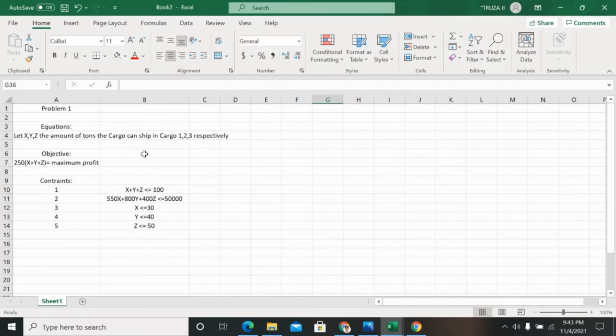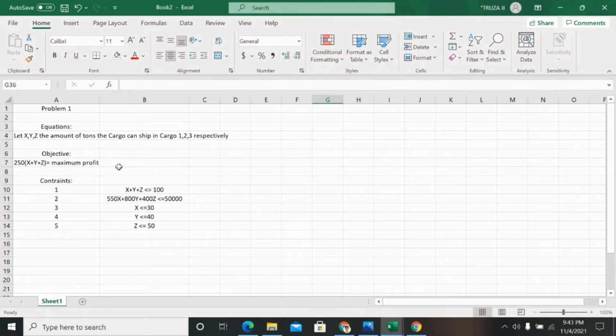Our objective is stated in the problem: the company will charge $250 per ton. Because x, y, and z are tons, if we add x plus y plus z and multiply by 250, it should equal the maximum profit. That is our objective.